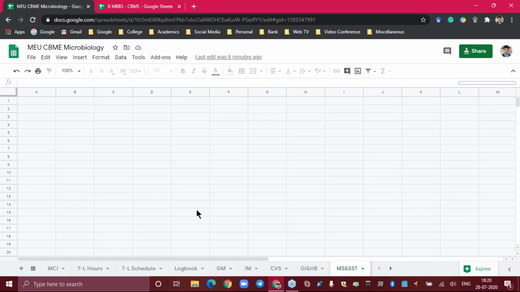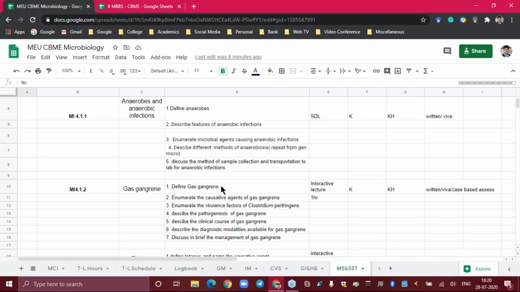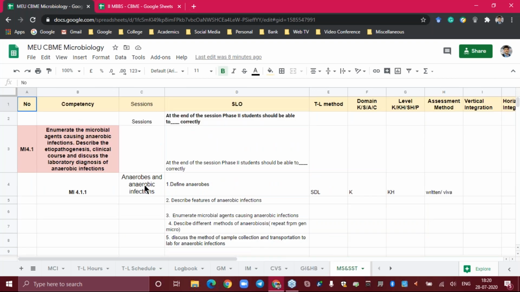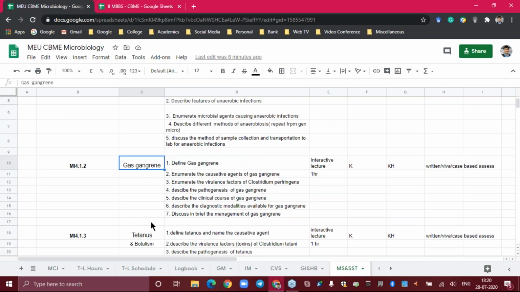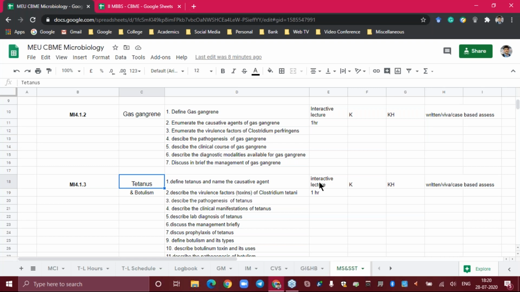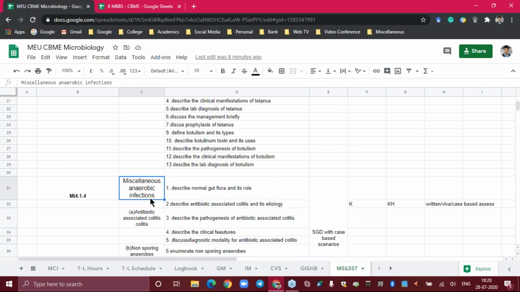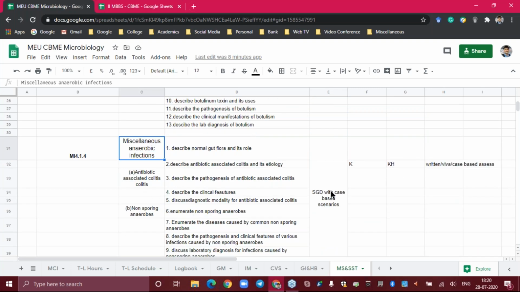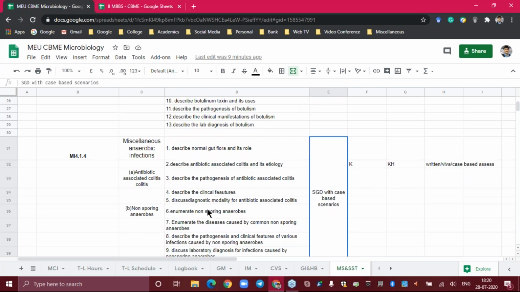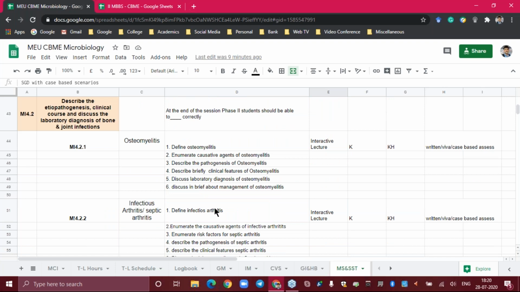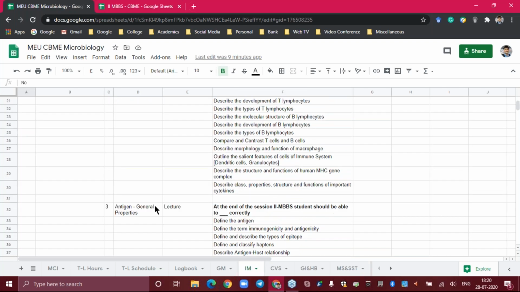Musculoskeletal, okay, it has been named appropriately, like aerobic and anaerobic infection, but gas gangrene, tetanus and botulism, yes, it is a lecture. This is a small group discussion, right? So over here, you can see it is going to be very clear if we frame it like this.